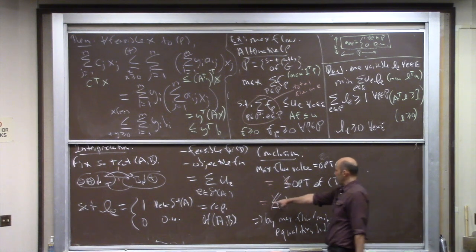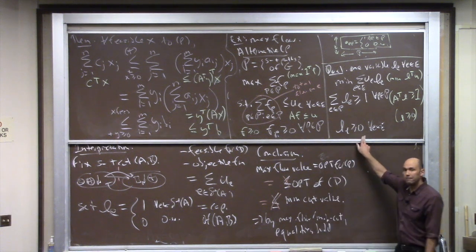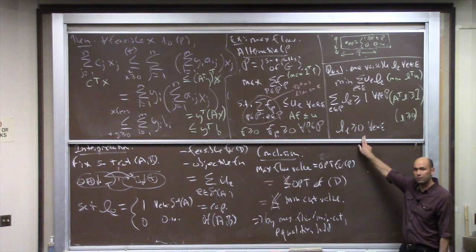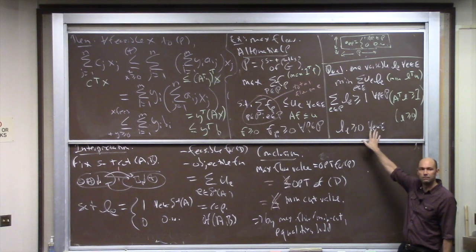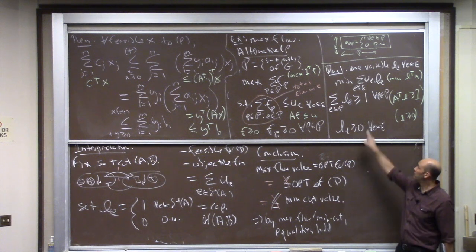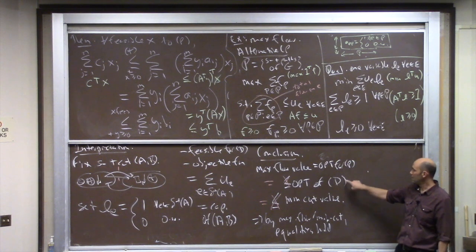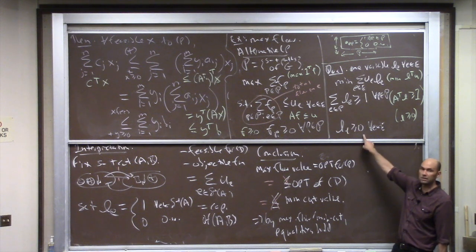So what this second equation says is that for this particular linear program, for which cuts are a special case, actually fractions aren't helpful. What is this? This says, what's the optimal value of this solution if I only use cuts, 0, 1 solutions? This says, what's the optimal solution to this linear program if I'm also allowed to use fractions?